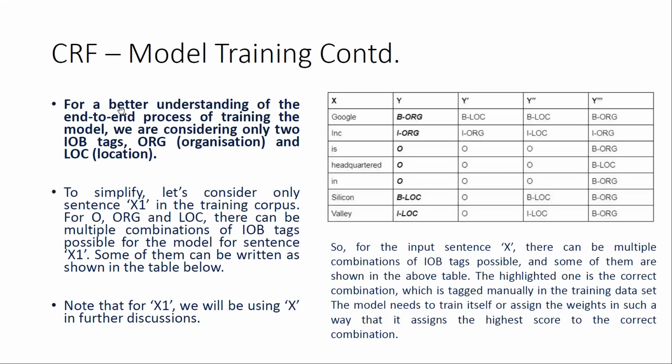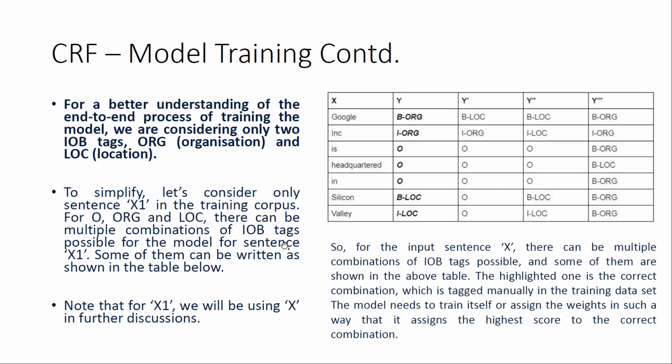For a better understanding of the end-to-end process of model training, we are considering only two tags for now, because it is easier to explain and understand than, let's say, 37 tags or maybe 15 tags. So we are not having complex tags as of now, just for the sake of understanding.